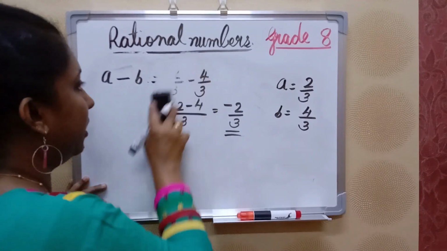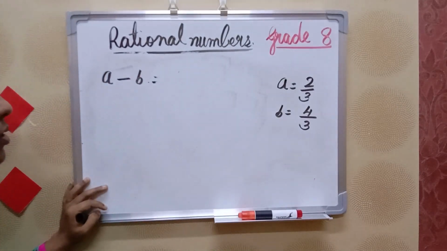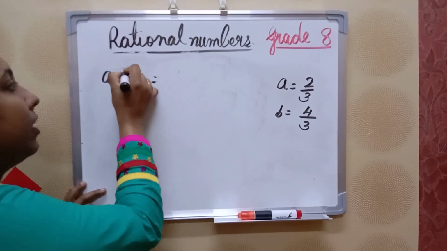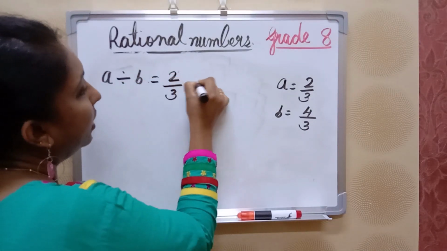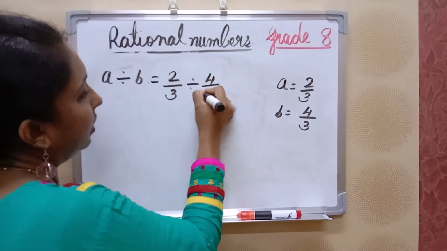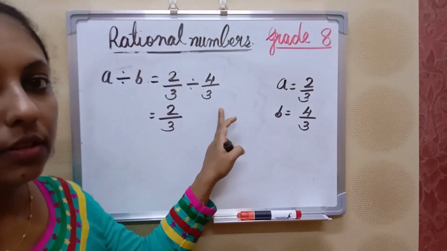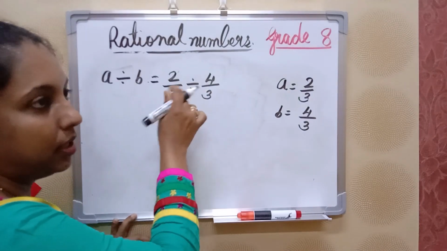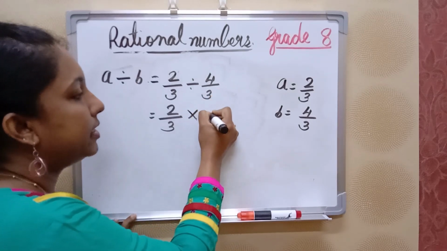Now, division. a is equal to 2 by 3, b is equal to 4 by 3. Then a divided by b. That is 2 by 3 divided by 4 by 3. How can we divide? We have to multiply with the reciprocal of the second number.